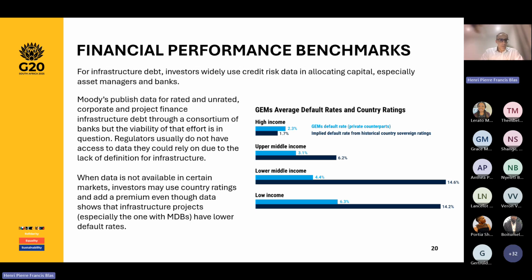And the reason why that matters besides regulation is really that if you don't have that data, what investors or banks will eventually do is they will start with the country ratings. And then they build up from there. They will add the risk premium on top of that. When it comes to infrastructure, and even more so infrastructure that got co-developed by DFIs, has got some guarantees, what we're seeing from data sets is that actually the risk is much lower than that.